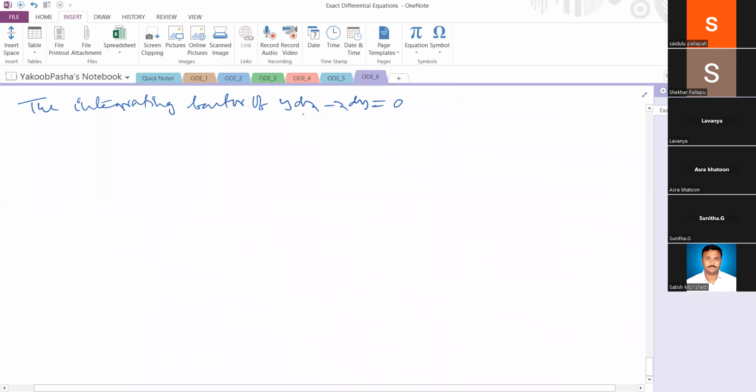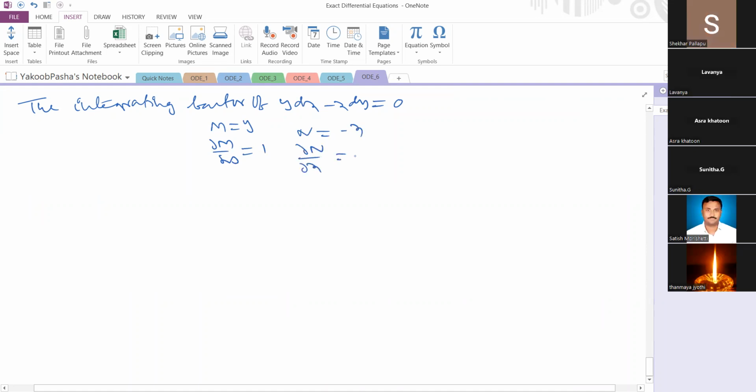Now clearly it is non-exact, where m is equal to y and dou m by dou y is equal to 1, n is equal to minus x, dou n by dou x is equal to minus 1. If we multiply this differential equation with 1 by y square, so what happens here?